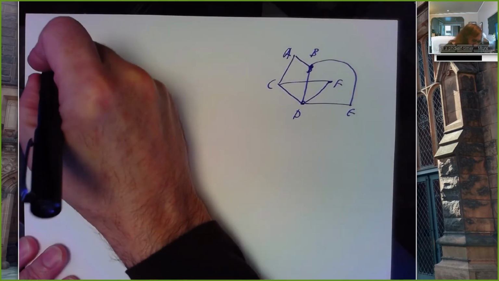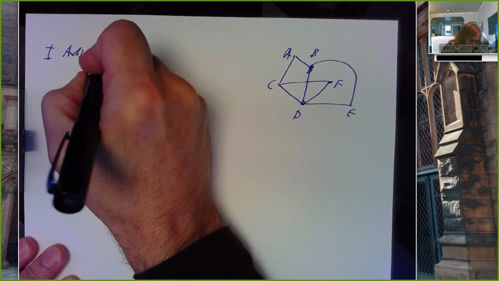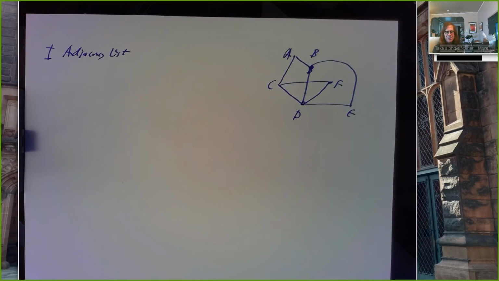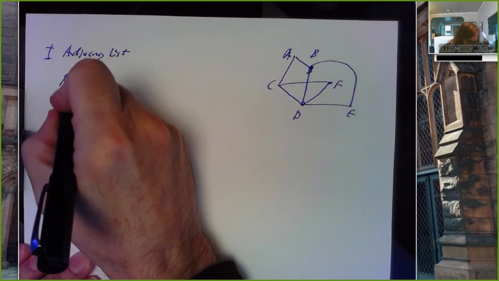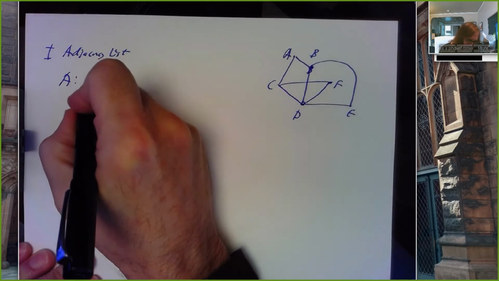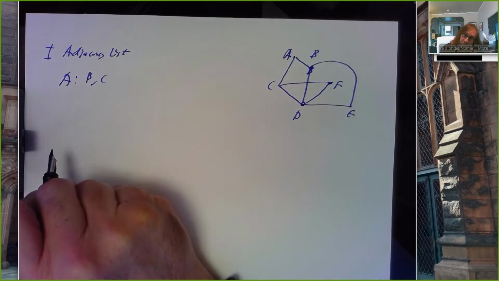So one approach is an adjacency list. We simply list for each vertex every vertex that is adjacent to it. For example, vertex A, which vertices are adjacent to it? Looks like B and C, and that's it.